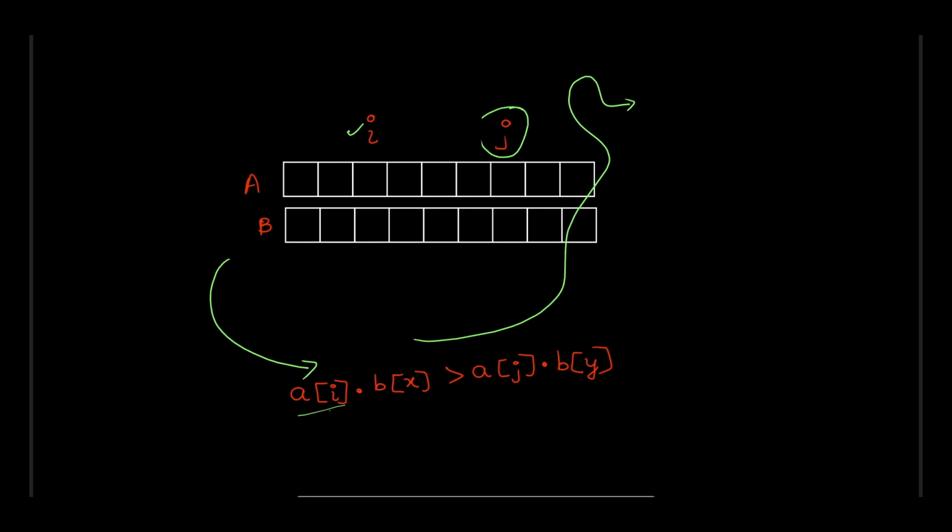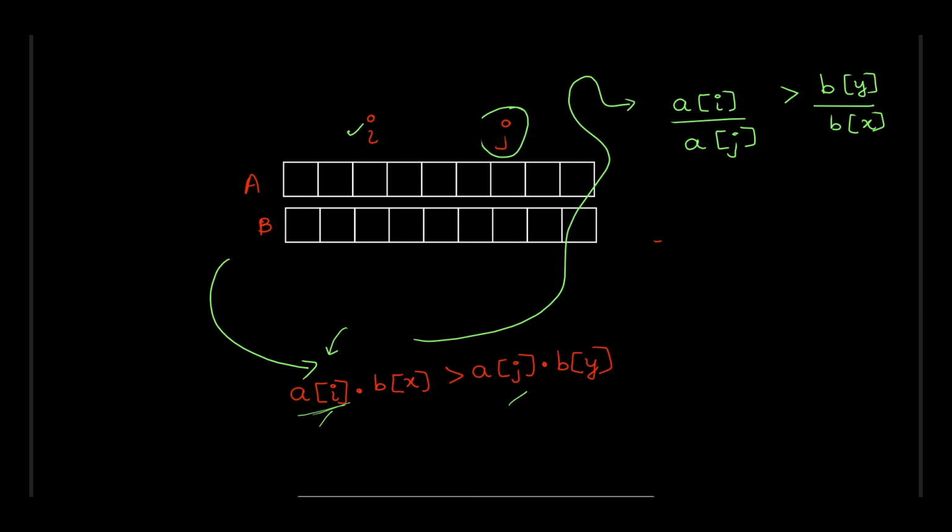So you see that you have this AI and AJ, right? You see which terms are fixed and which are not. So this AI is fixed and AJ is fixed. So you do something like this: AI and AJ is greater than B of Y upon B of X. Now, what do you conclude from here?